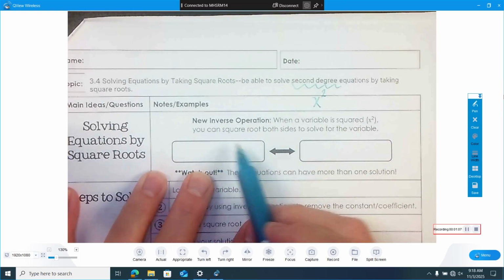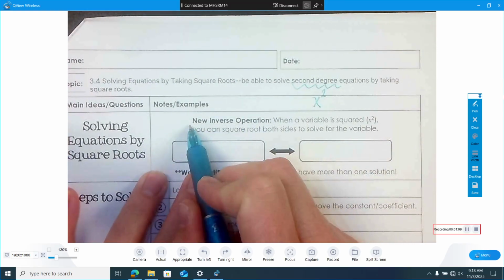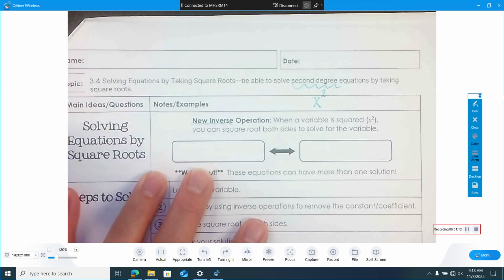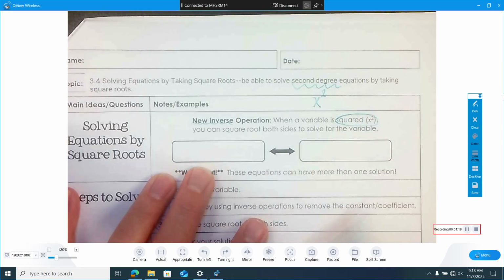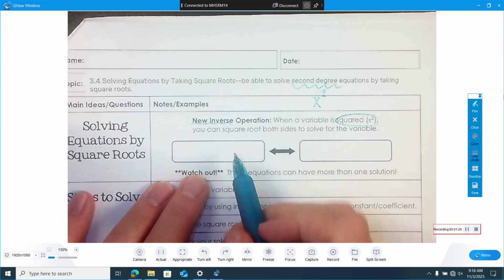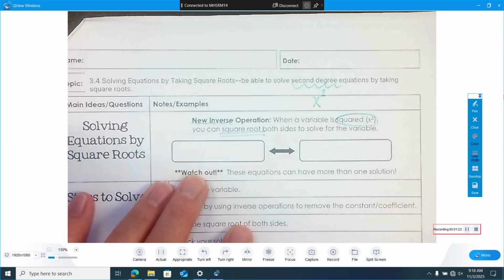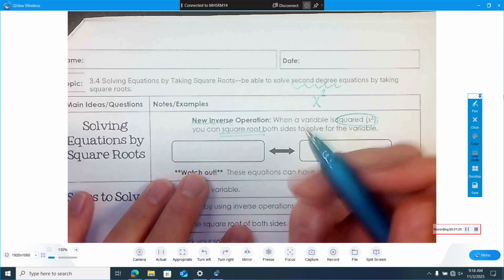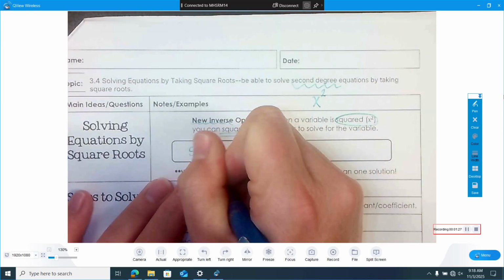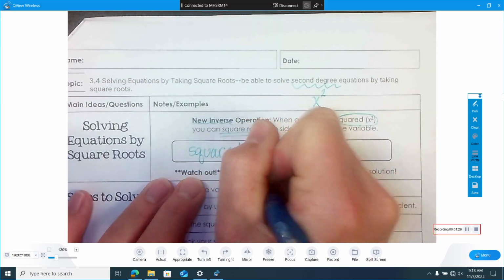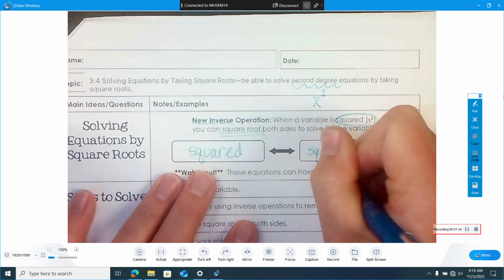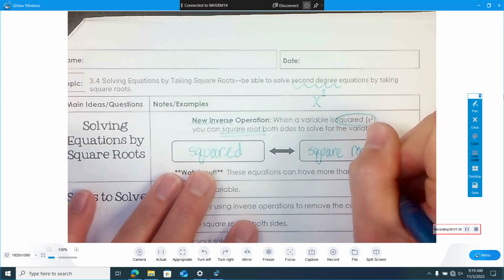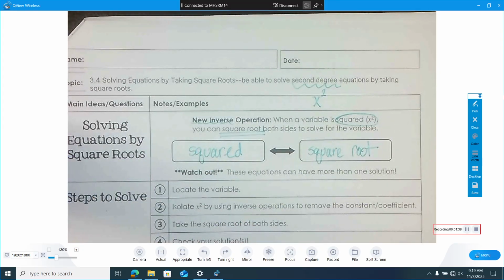Just like we've been doing, we use inverse operations. And right now, I'm going to give you a new inverse operation. When a variable is squared, like x being squared, you can square root both sides to get the variable by itself. If you have something squared, then the inverse operation is a square root.